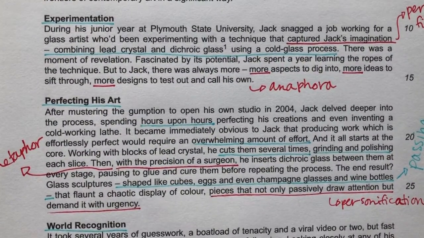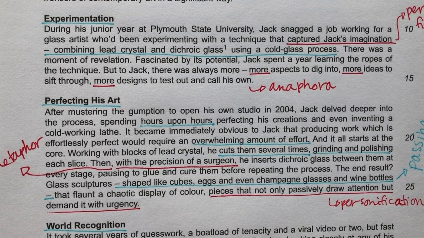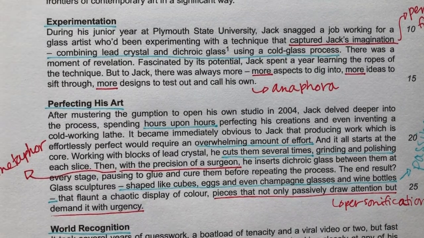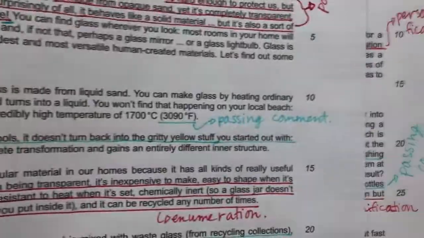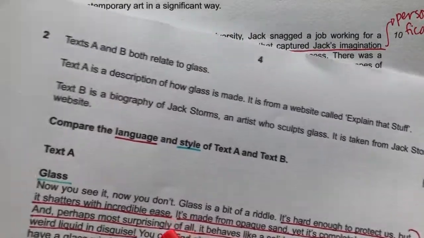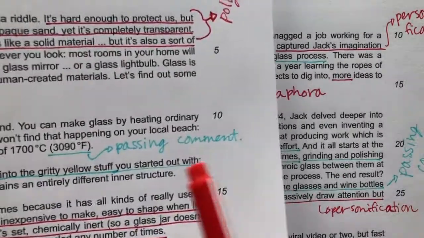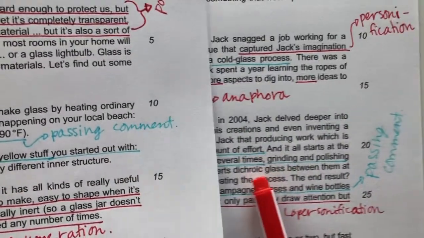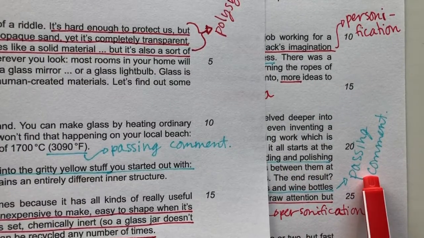So one more time, if I have to sum up everything. So all this, what they have in common, remember what they both have in common. So text A, we have passing comments. B, we have passing comments as well.